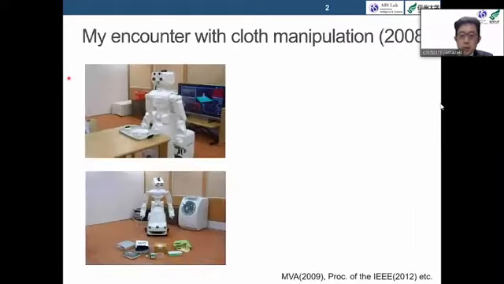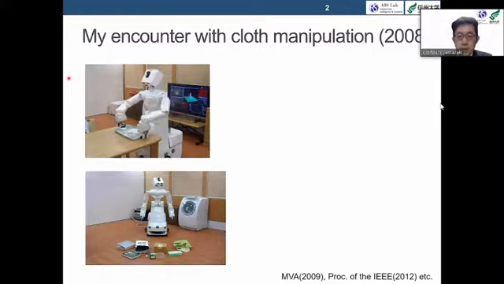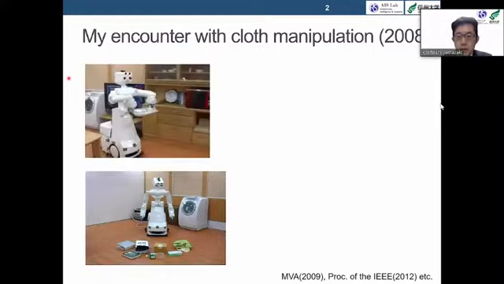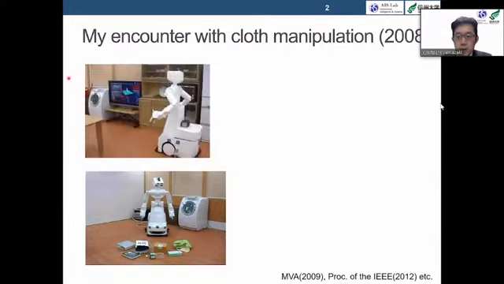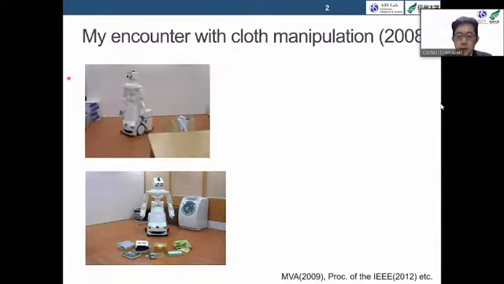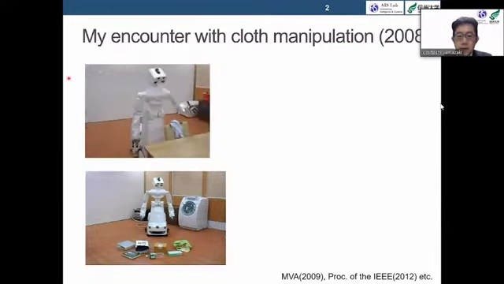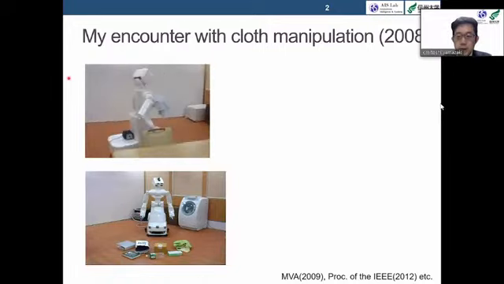Before starting to talk about today's topic, I would like to introduce my first study of cloth manipulation. The video above left shows the work that led to this. Here, a dual-armed mobile manipulator performs various chores. One of these actions is to find a piece of fabric in a room and pick it up.